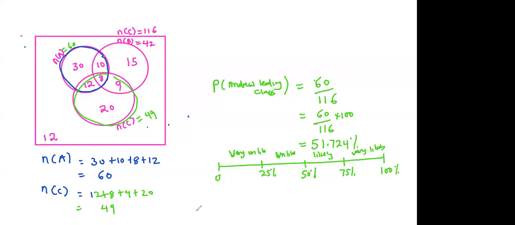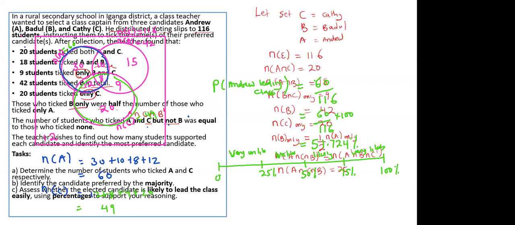Now I want us to interpret, looking at our probability, where it lies, and this item: assess whether the elected candidate is likely to lead the class easily, using percentages to support your reasoning.